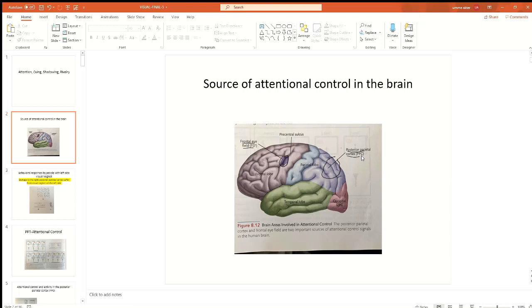So unilateral visual neglect can occur due to lesion of the posterior parietal area in one side.